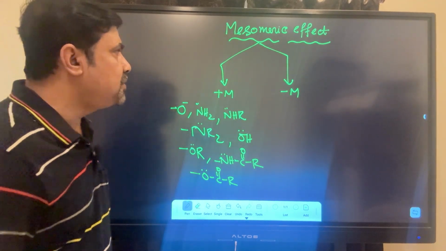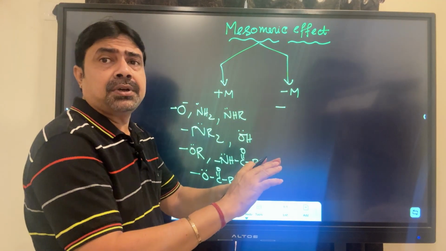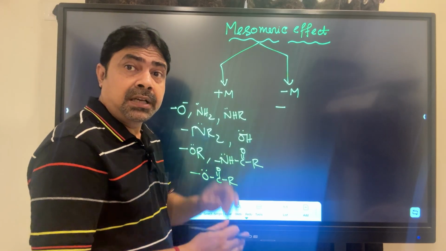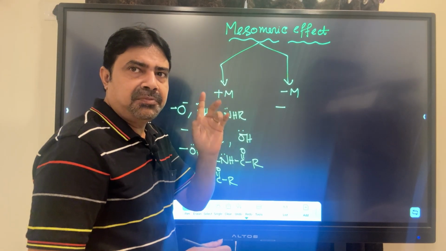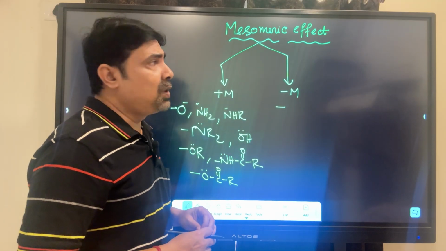Whereas minus M means there are certain groups that can withdraw electrons from the main structure towards themselves, via delocalization or resonance. That means for the mesomeric effect to occur, I need a conjugation. What is conjugation?